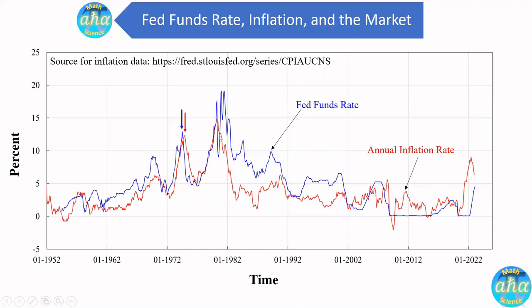In another scenario, the 1980 case, the inflation peaked in March 1980, and then the federal funds rate did not peak until more than a year later. And the current situation is the inflation peaked in June 2022, but we don't know when the federal funds rate will peak. So there are many different situations.